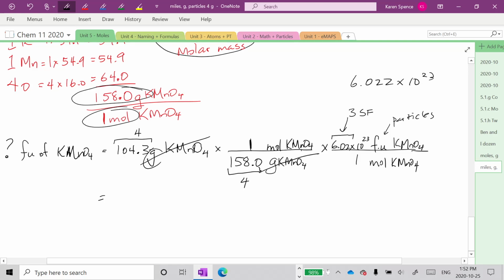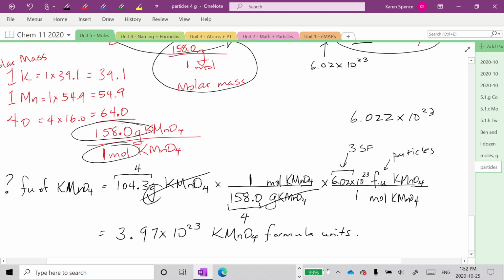But if you wanted 4 sig figs, you could change that one. At any rate, we've only got 3, so we're going to call this 3.97 times 10 to the 23, and that is KMnO4 formula units.